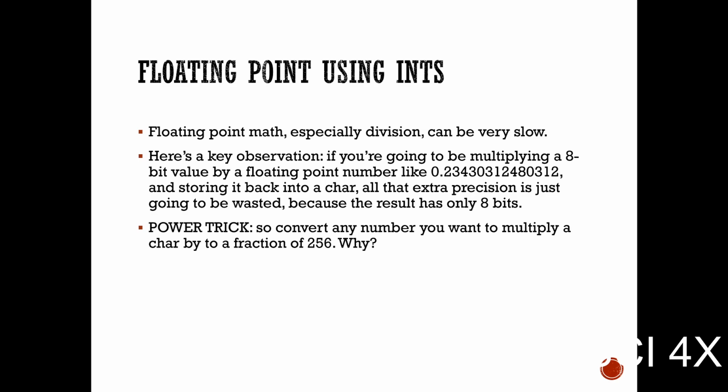Like if you're going to be doing sepia toning, which is your next homework assignment, you're going to be doing floating point math. Let's say your R value is 120, and you're going to be multiplying it by 0.23430. Do you actually need all of those digits of precision?